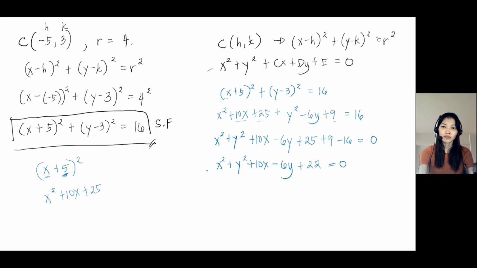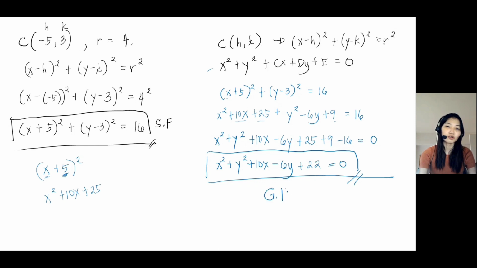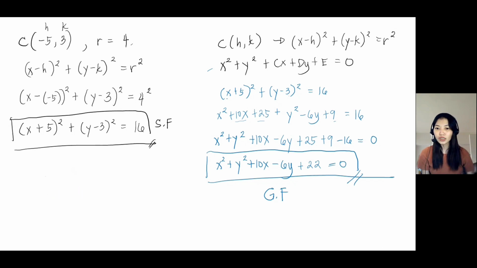Okay, so yes po. So, 0 na lang ang nasa right-hand side, and na-arrange naman natin siya in general form. So, this is the general form of the equation of the circle with center negative 5 and 3, and the radius is positive 4. Okay?